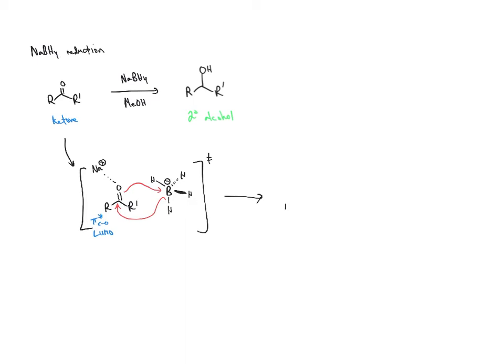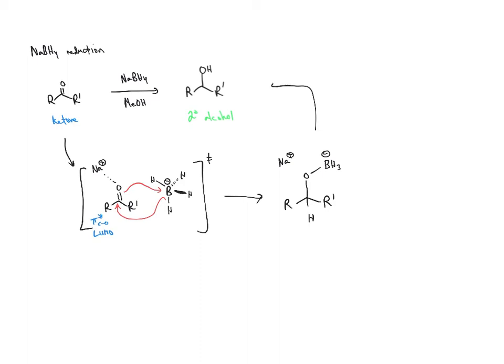But the net result of that set of arrows is that we now have a new carbon-hydrogen bond right here. We've got an oxygen bound to a boron with 3 hydrogens, negatively charged, and of course a sodium plus counterion.